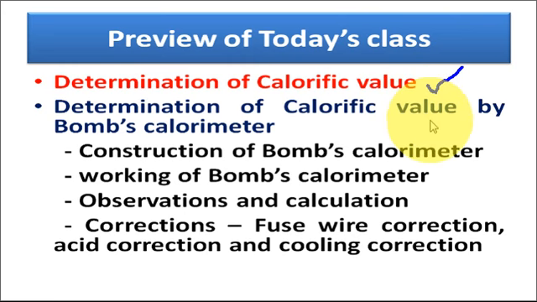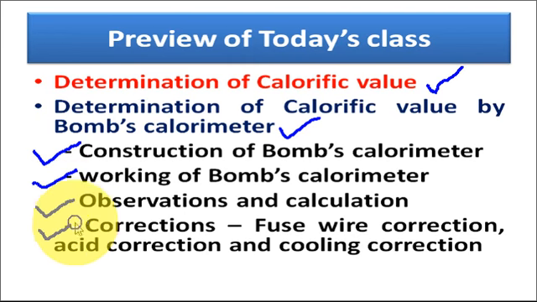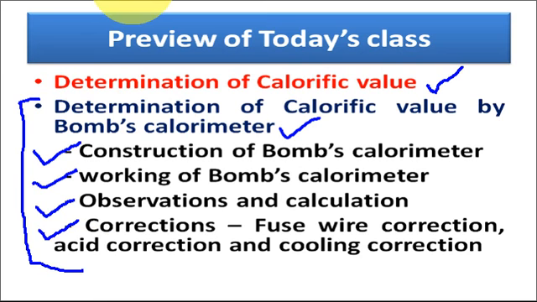Among all these methods, today we are going to discuss the determination of calorific value by Bohm's calorimeter, in which we will discuss the construction of Bohm calorimeter, working of Bohm calorimeter, observation and calculation with this method, and the various corrections used in the Bohm's calorimeter. So basically we are going to discuss the complete process of Bohm's calorimeter in today's class.